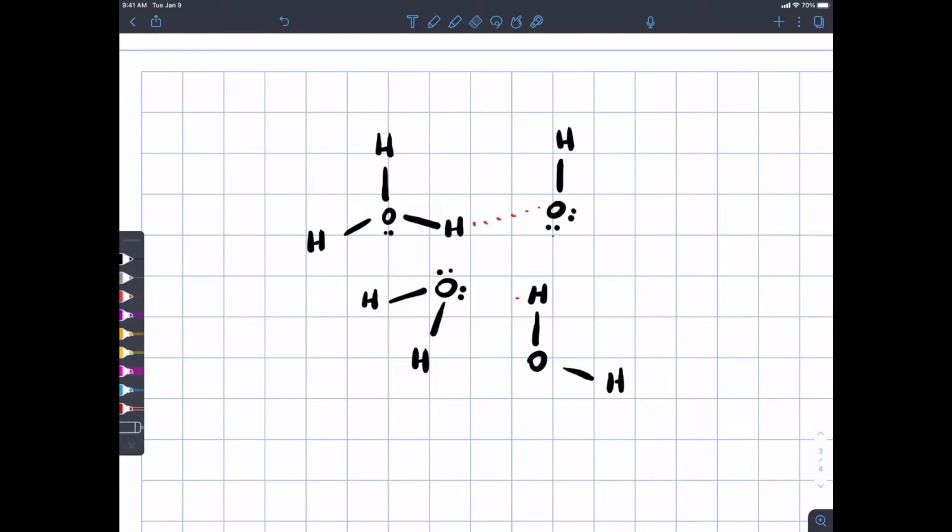And similarly, this oxygen could steal a hydrogen from another source, and another water molecule could steal this hydrogen from another source. And so there's lots of exchange of covalent versus non-covalent interactions in water.